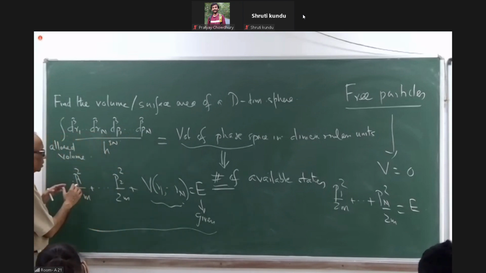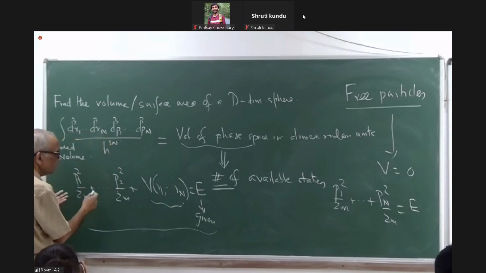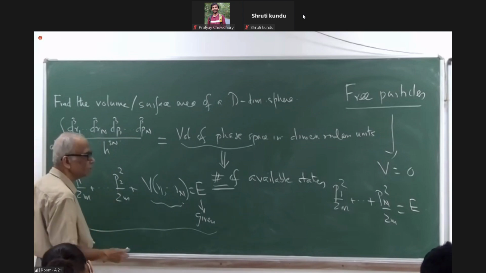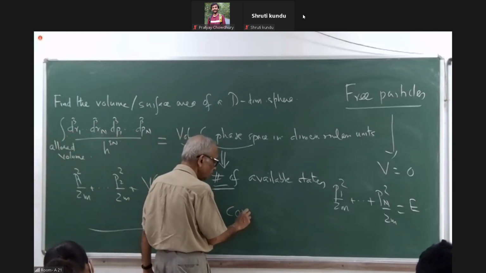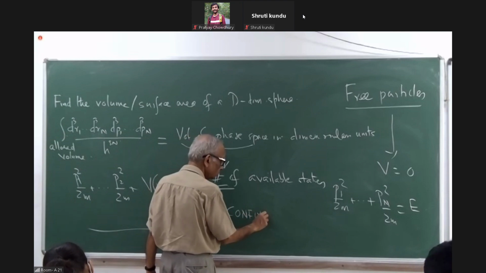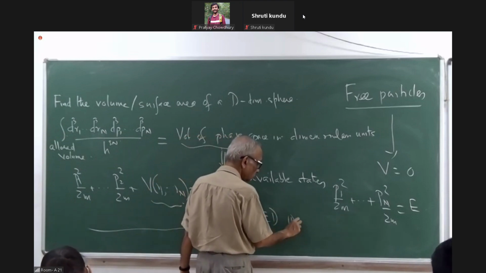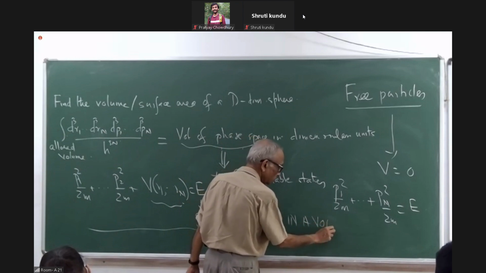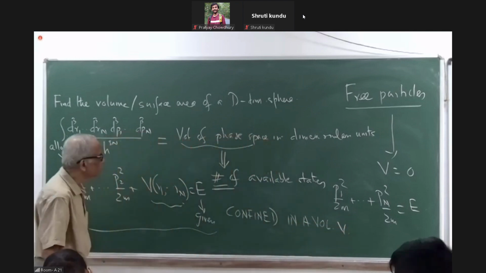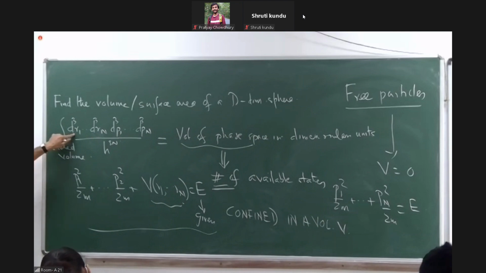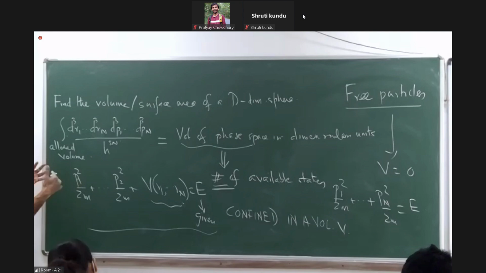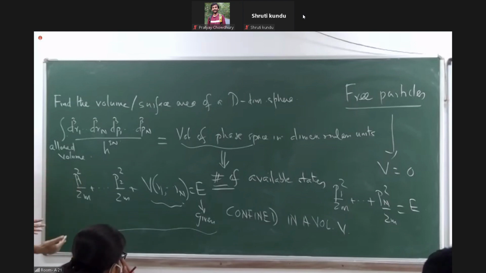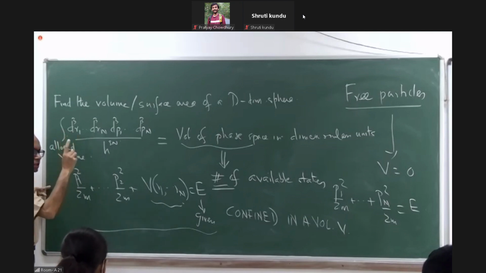So if I'm confined in a volume V, so particles confined in a volume V, then each of these R1, R2 to Rn are free to go over the entire volume independent of any other particle.